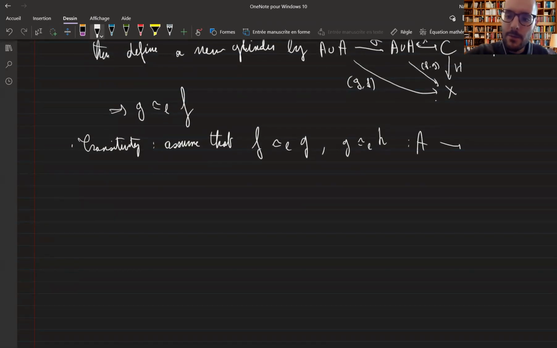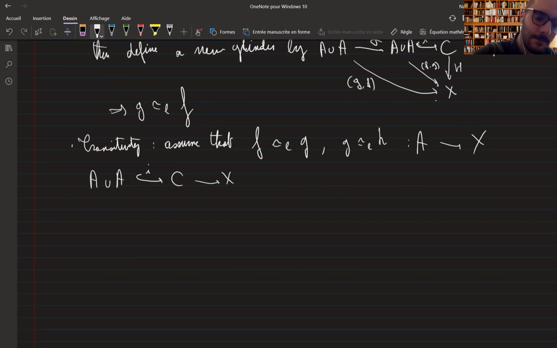They are all maps from A to X. So by hypothesis, you have two cylinders. The first cylinder like this, to A, here you have big H.